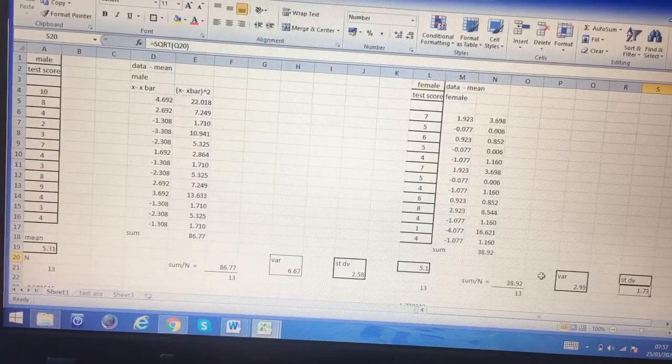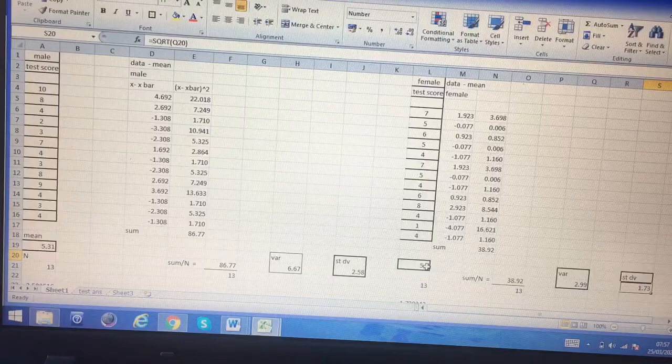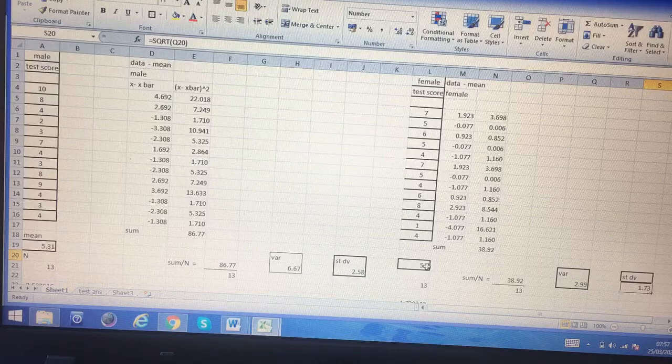Most of them were closer to the mean. And that's the point of the standard deviation, to work out how close the majority of a data set are to the mean. Thank you.